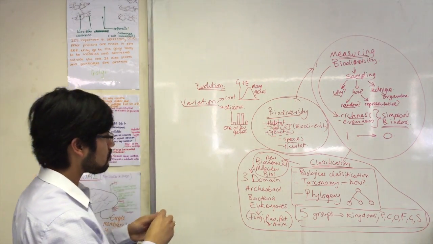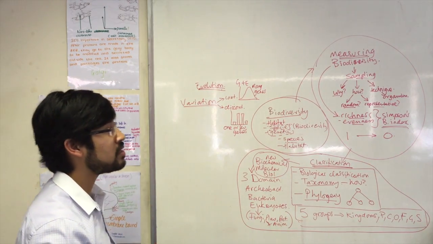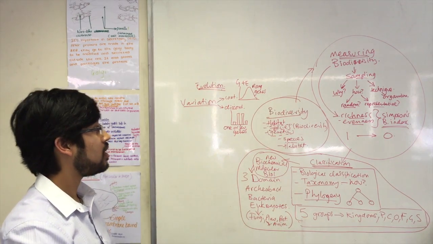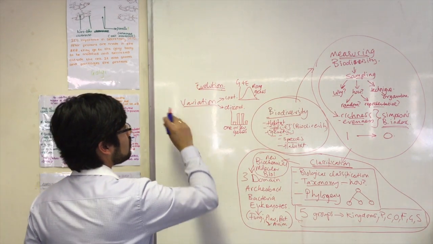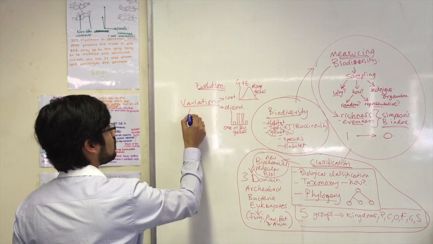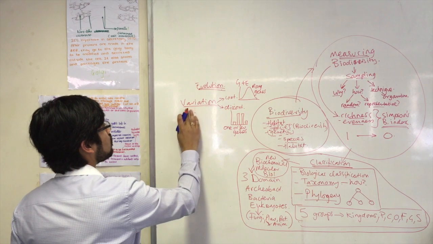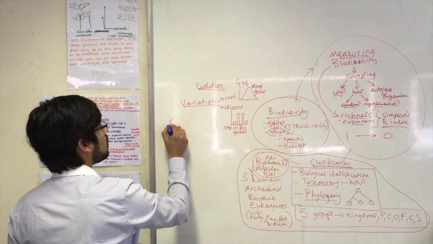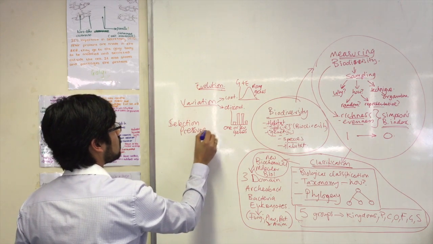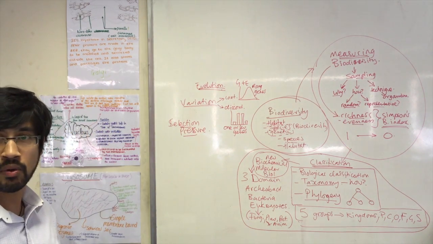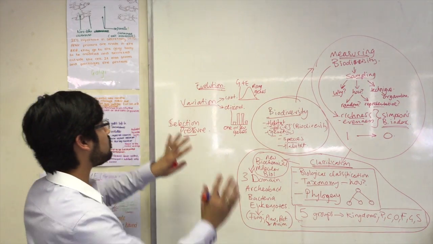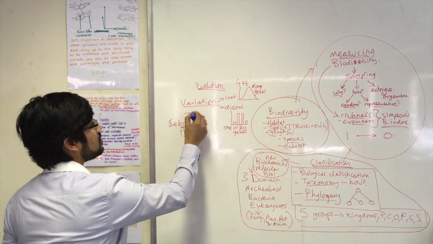Now let's move on. How is variation linked to change over time? Variation causes change over time because of this one thing called selection pressure. Okay? If you've got variation, that's not going to lead to change over time unless you add a selection pressure.